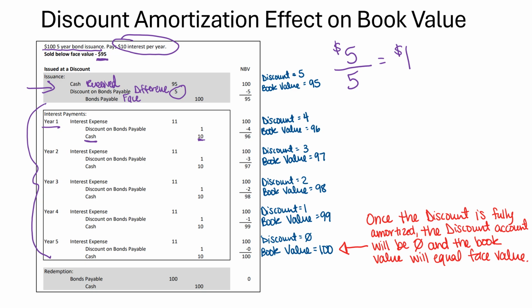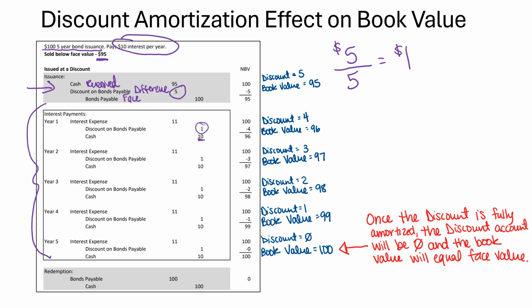That is what this $1 represents here, which means that the total interest expense is $11. Remember, that's just because it's the accrual basis. The interest expense is $11. The cash actually paid to the bondholder is $10. And then we have that difference of $1, which is for bond discount amortization.